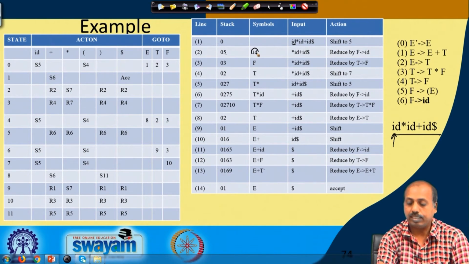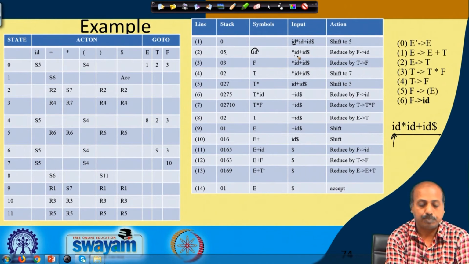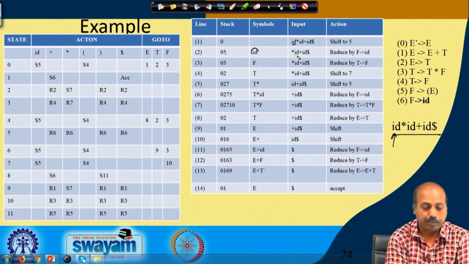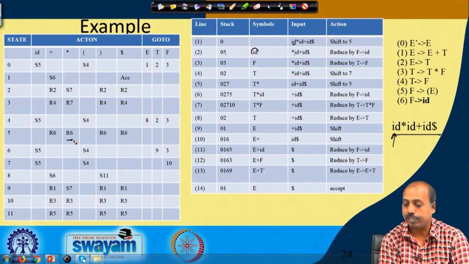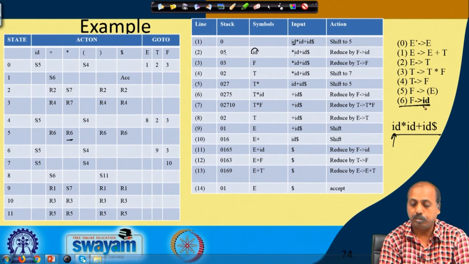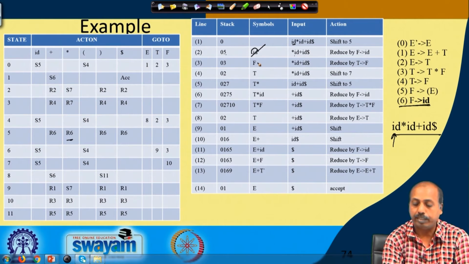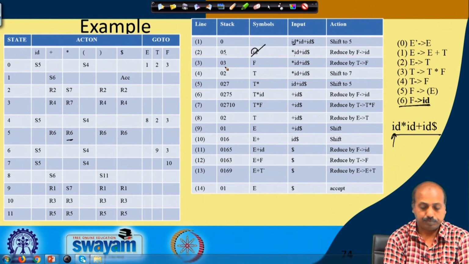Now, the next is star. So, now state 5 star says reduce by rule number 6, and rule number 6 is F producing ID. So, it will do a reduction. This ID will be taken out, ID will be replaced by F, and the new state will be identified from this.